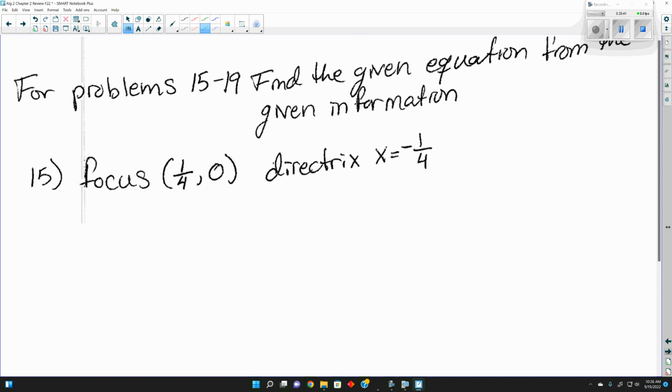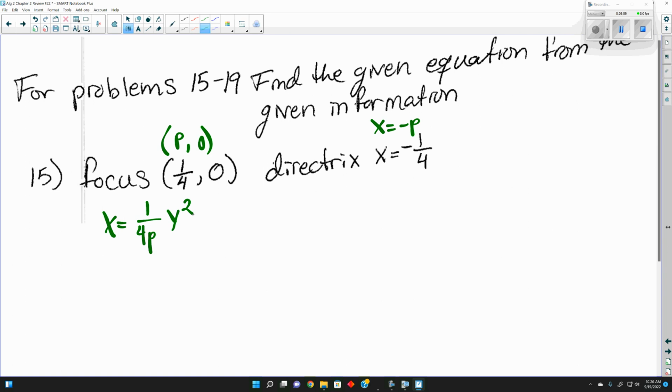The fact that I only have a value in the x spot, p comma 0, here x equals negative p, that matches up to one of the set equations, yes? Because if we look at the set equations, that means we're looking at x is equal to 1 over 4p times y squared, because that's just the general form.